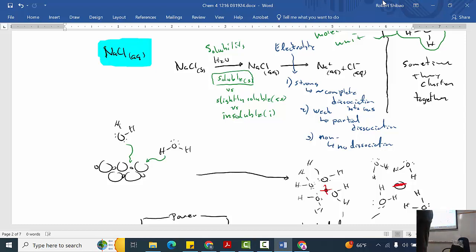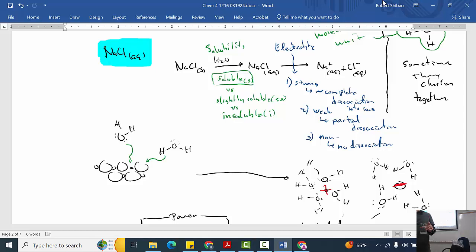But to us, both of these are strong electrolytes, because sodium chloride completely dissociates into ions. It's just that one isn't a very good conductor because it's dilute. Does that make sense? And so we say sodium chloride is a strong electrolyte, but it might not conduct electricity very well if there's barely any sodium chloride in there.